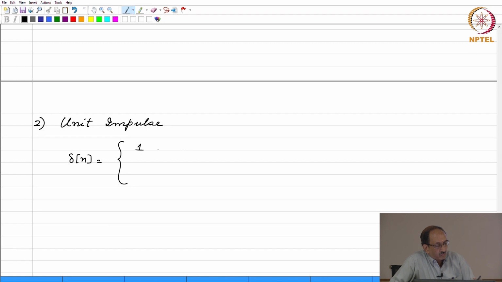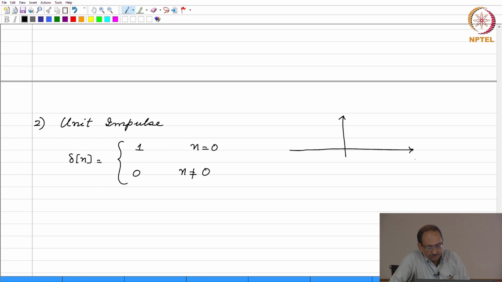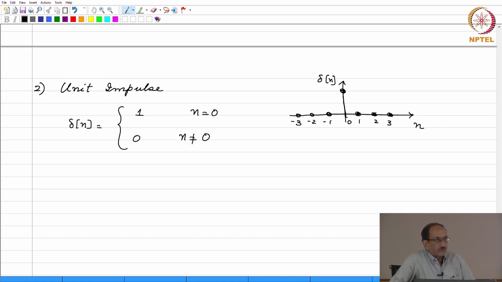So this is 1 when n equals 0 and 0 when n is not equal to 0, and the picture associated with this is like this. At n equal to 0 it is 1, for all other points it is 0. And this is the unit impulse sequence in the discrete time case.